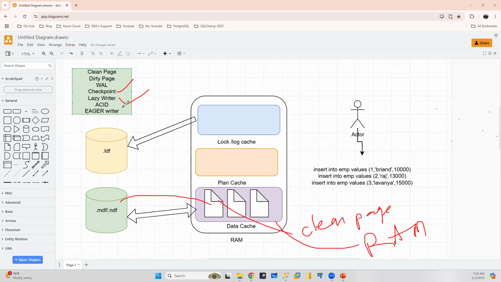So lazy writer is triggering in the background, and what is it doing?